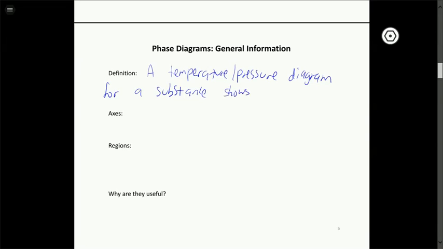So the definition of a phase diagram is it's a temperature-pressure diagram. So those are the two axes. And it shows us the condition under which each phase exists, the conditions of temperature and pressure specifically.